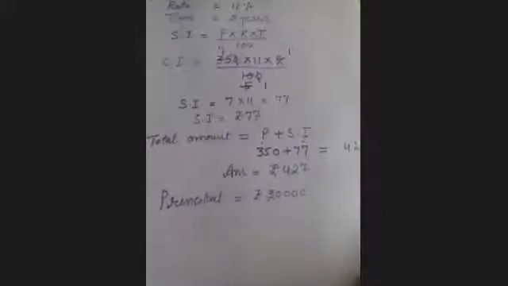Now first question, second part. Now our principal amount is rupees 20,000 and rate of interest is 8 1 upon 2%.